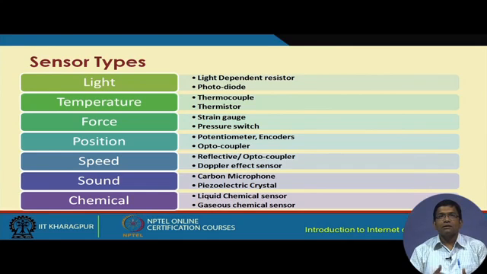Then we have sound sensors: the carbon microphone, like our traditional microphones, and piezoelectric crystals. For chemical sensing, we have liquid chemical sensors and gas chemical sensors.